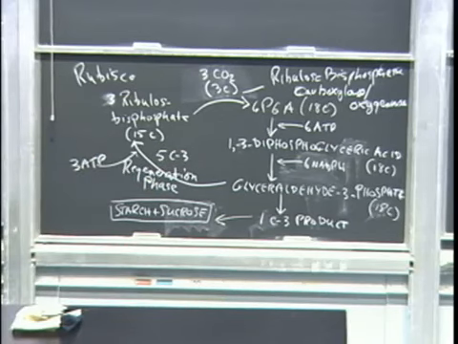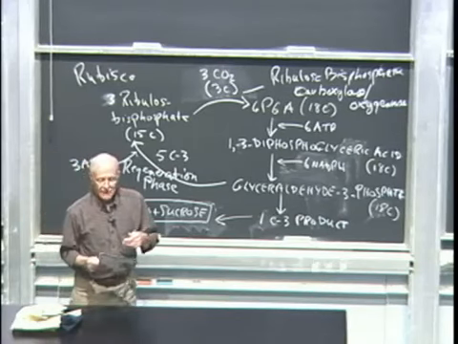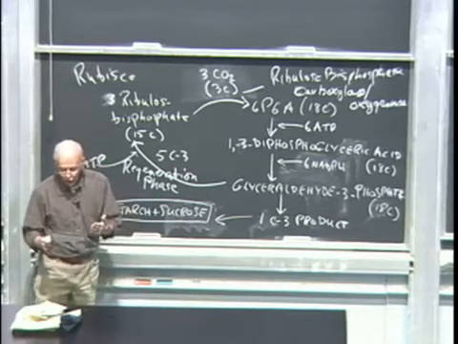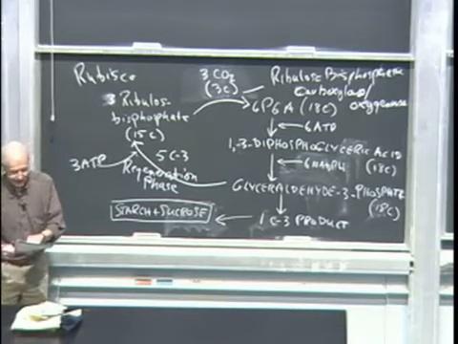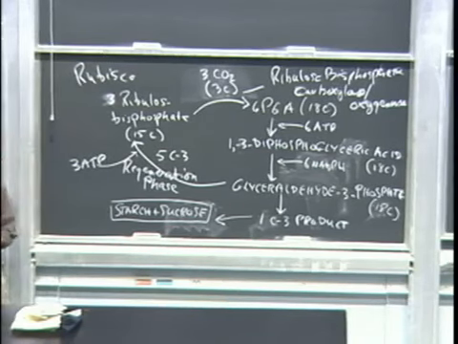The cycle is much more complicated than that. I actually do have a figure of the cycle. But, and I'm sure there's a figure of the cycle in the book. But I don't want you to get hung up on all of the steps that go on between the conversion of glyceraldehyde and ribulose bisphosphate. There's lots of biochemistry going on.